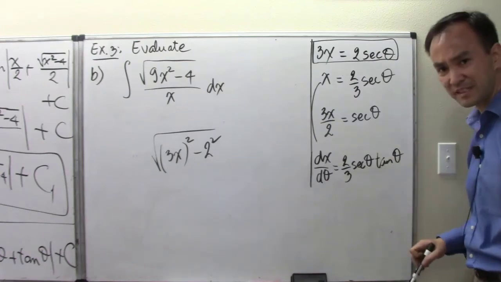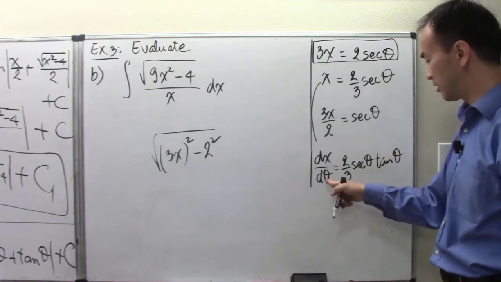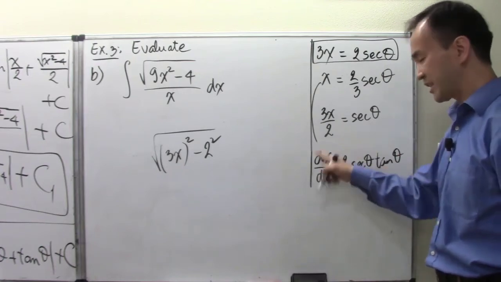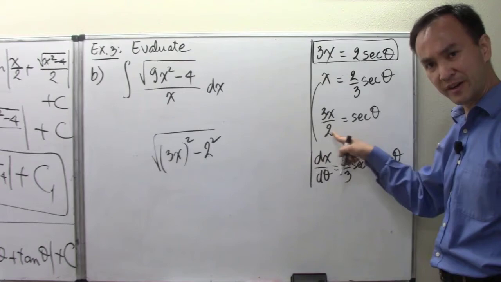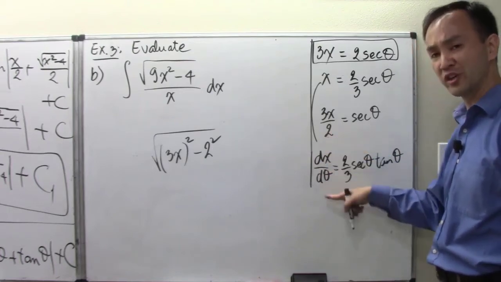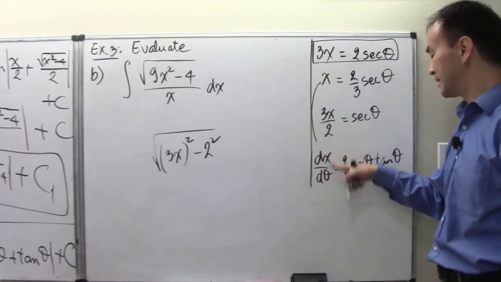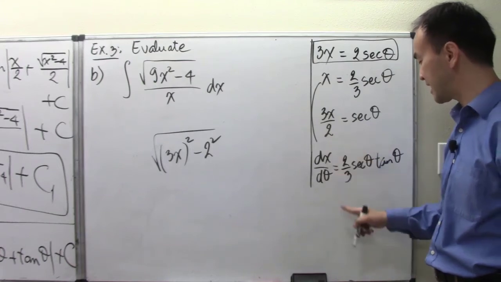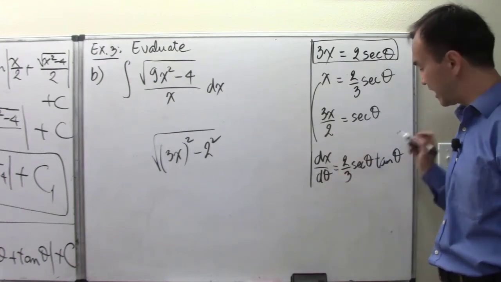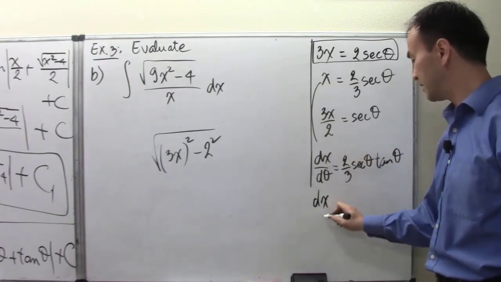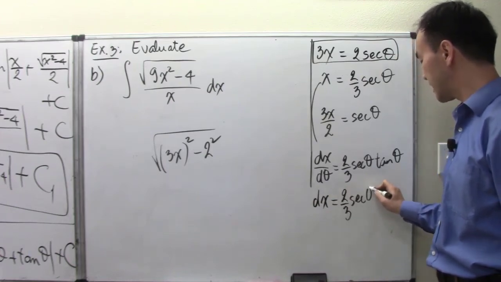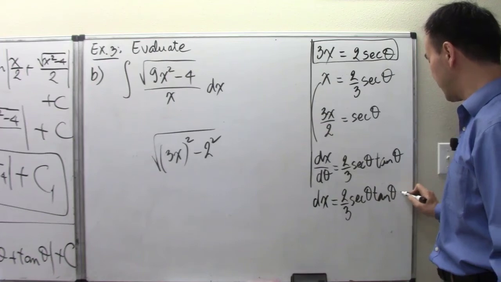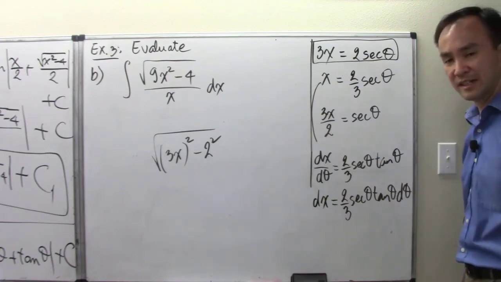Since dx d theta is not only the derivative symbol but also a ratio of two differentials, I'm going to multiply d theta to the other side. That leaves me dx equals 2/3 secant theta tangent theta d theta.